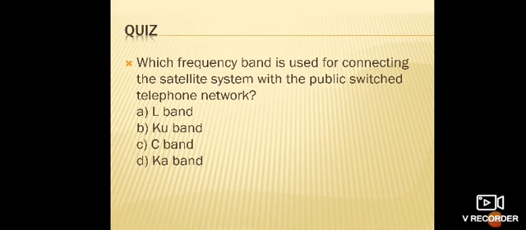The first option is L band, the second option is Ku band, the third option is C band, and the fourth option is Ka band. That means, what frequency band is used for connecting the satellite system with the public switched telephone network? Whether it is L, Ku, C or Ka. So what is the answer? Please note this question.